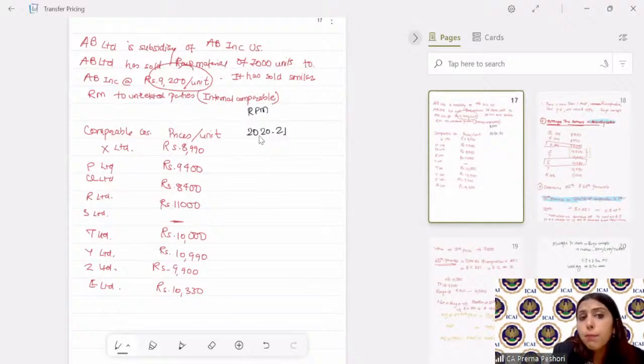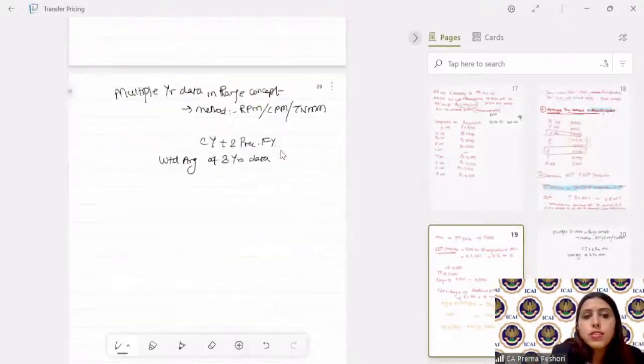But if it would have been RPM, I could have taken 2020-21, 2019-20, 3 years data, and I would have done the weighted average of these 3 data to come at a final figure. So for RPM, the weighted average will be based on sales.